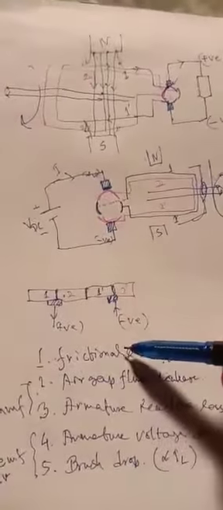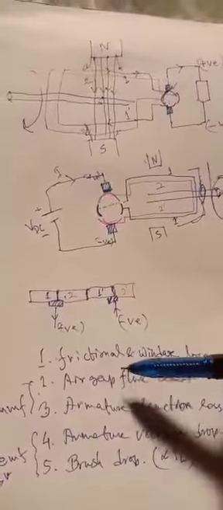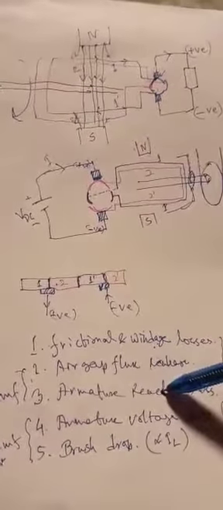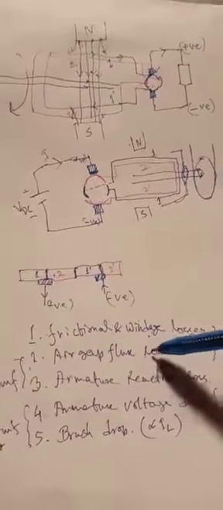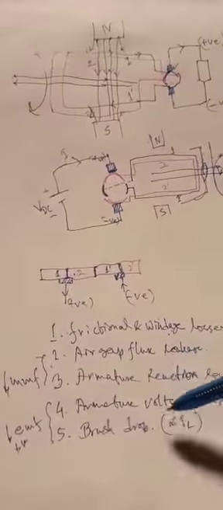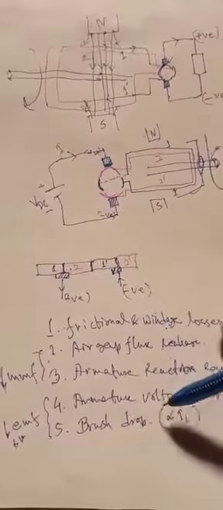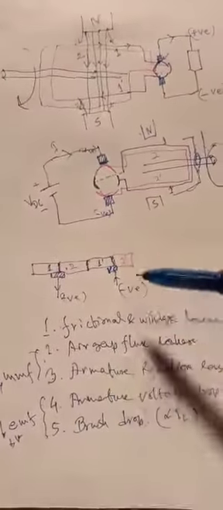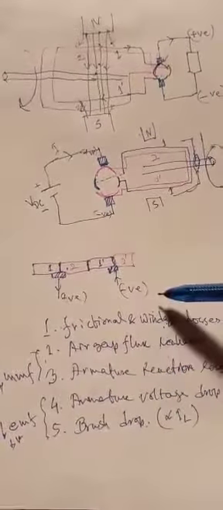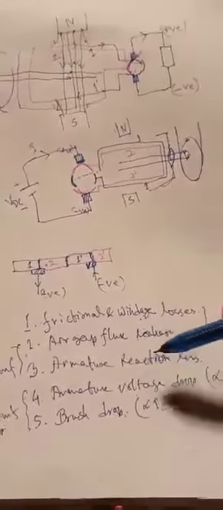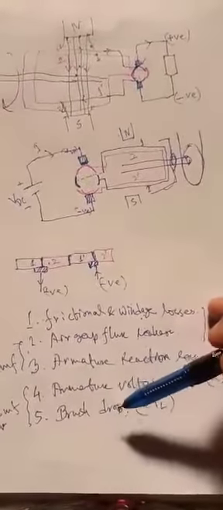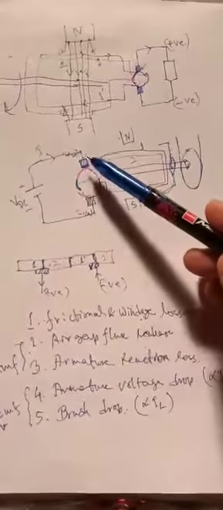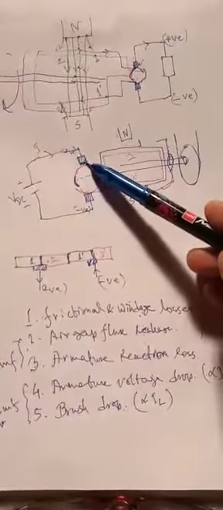So what we find here is that in case of a generator, these losses are first frictional windage loss, then air gap flux loss, then armature reaction loss. These 2 and 3 are making drop of MMF, and then the armature voltage drop and the brush drop. These two are making EMF drop or voltage drop. And in case of a motor, it operates in the opposite manner. That is, first the current is coming from outside and the brush drop is happening.